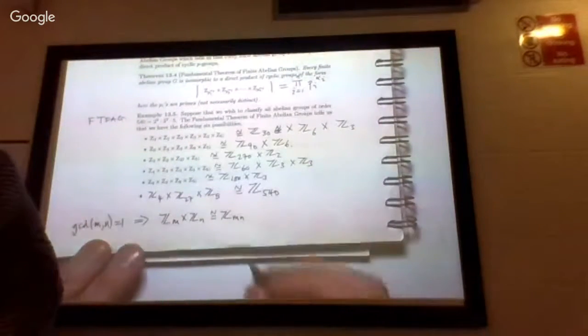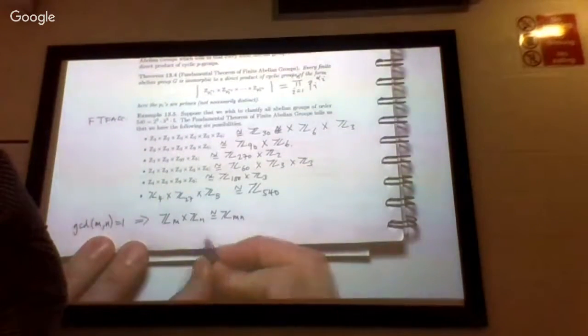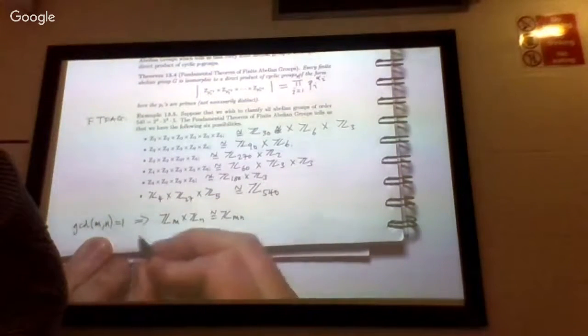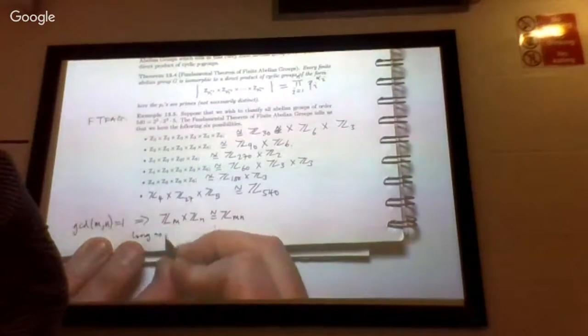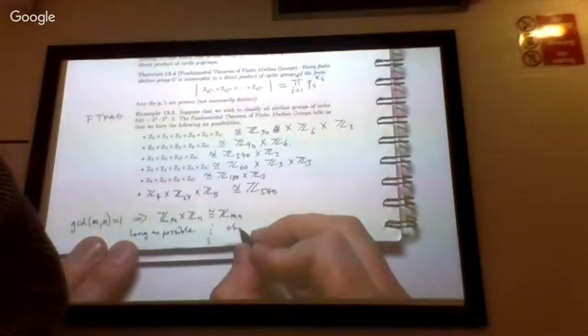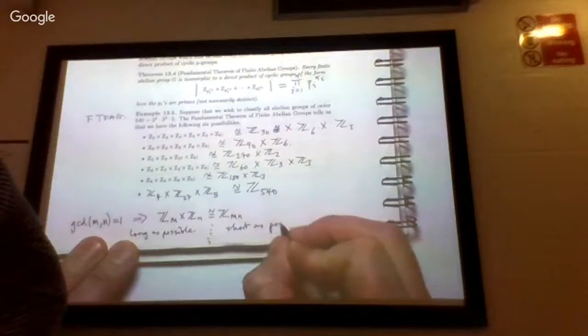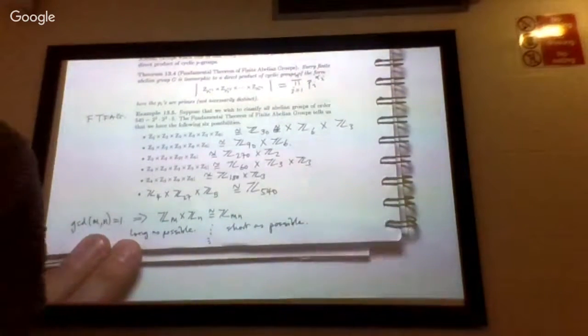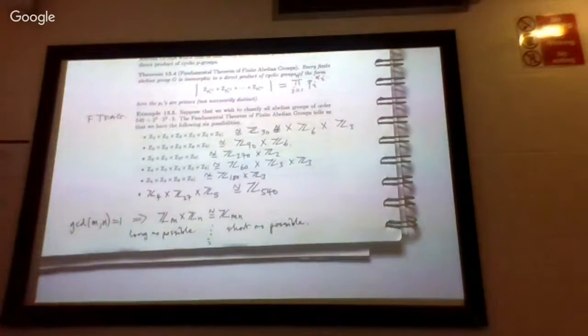That's one way you can think of these two descriptions. So you've got a division here. On the left, we've got as long as possible, and on the right-hand side, we've got as short as possible, a way of representing that isomorphism class of groups of size 540.